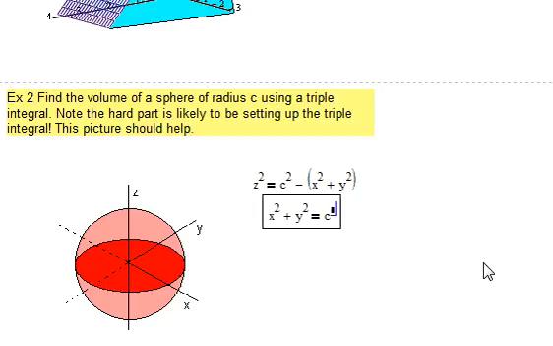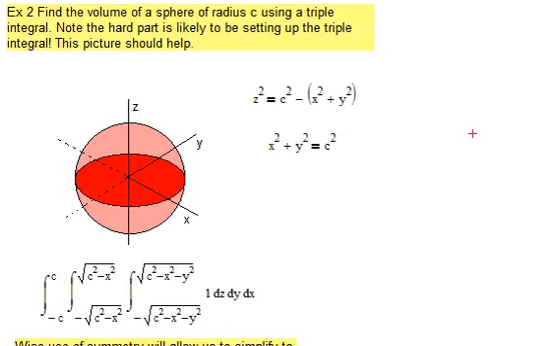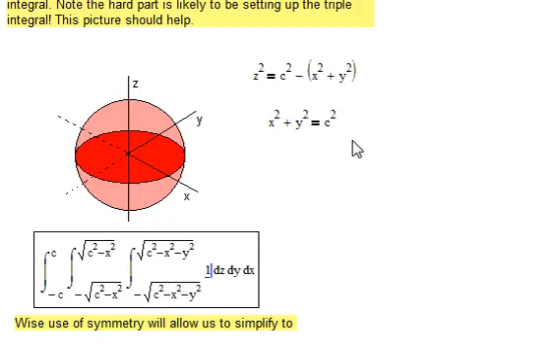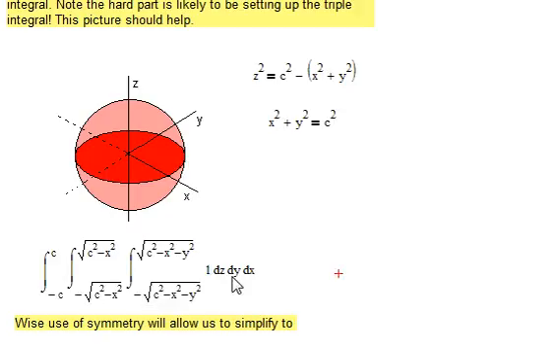And so solving for y, y equals plus or minus the square root of c squared minus x squared. And then x would be going from negative c to c. So I think you can see our limits of integration based on our discussion. So that would be our integral to find the volume of this sphere.